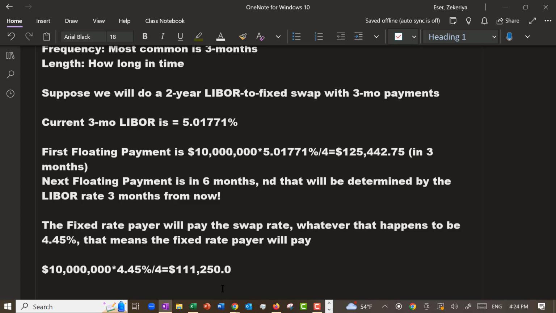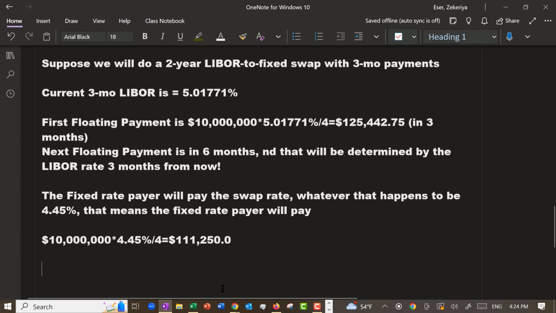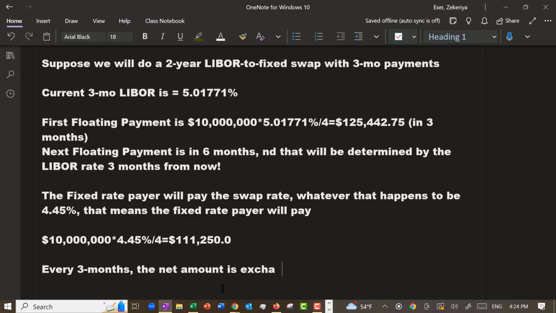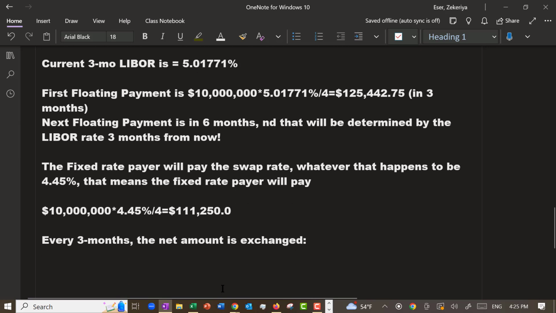Every 3 months, the net amount is exchanged. So in this case, we know what's going to happen 3 months from now.